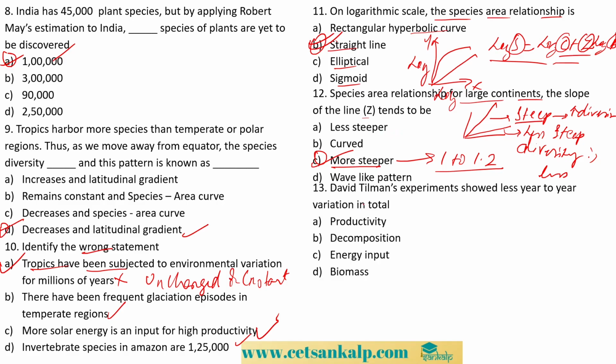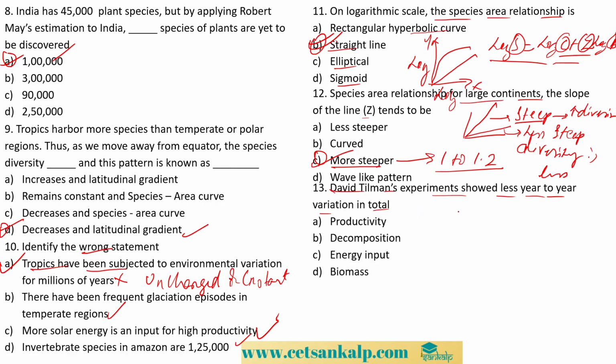The next question: David Tilman's experiment showed less year-to-year variation in total productivity, decomposition, energy input, or biomass. Here we have an experiment conducted by David Tilman, and we study this experiment mainly for the importance of biodiversity.